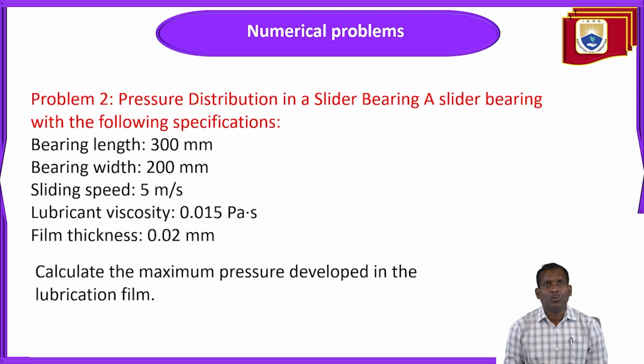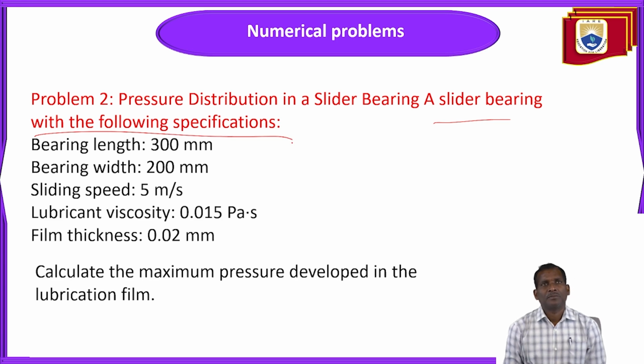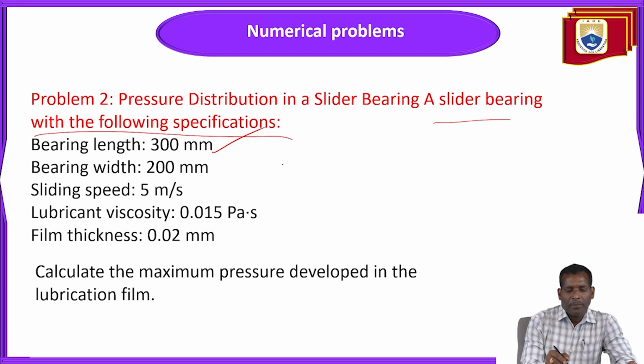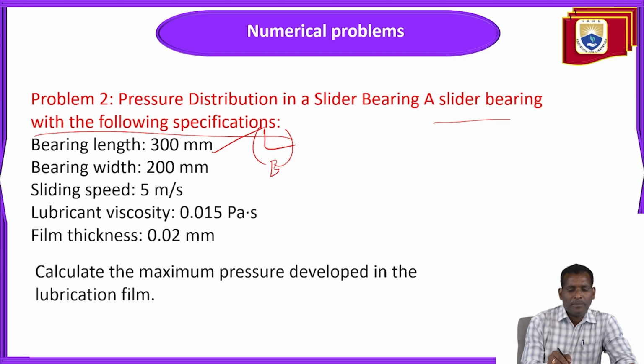Next, problem number 2, related to pressure distribution inside a slider bearing. A slider bearing with the following specifications: the bearing length 300 mm, let's take L. Bearing width B 200 mm.